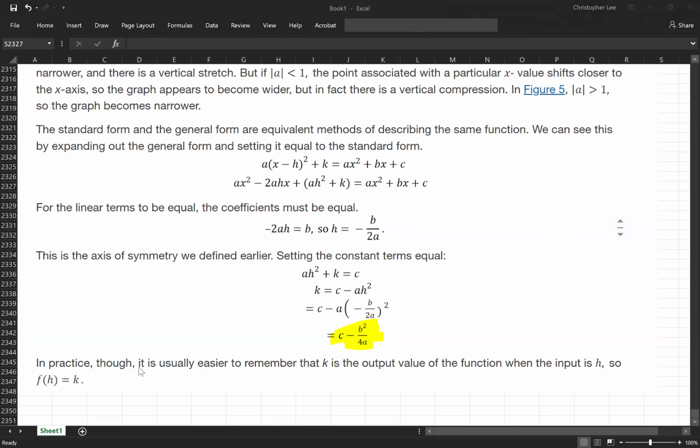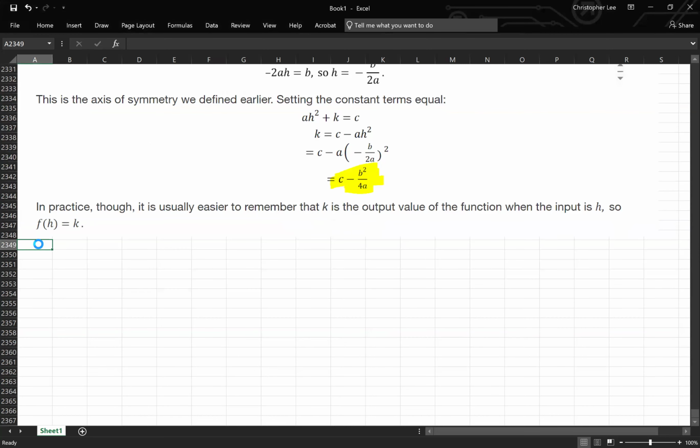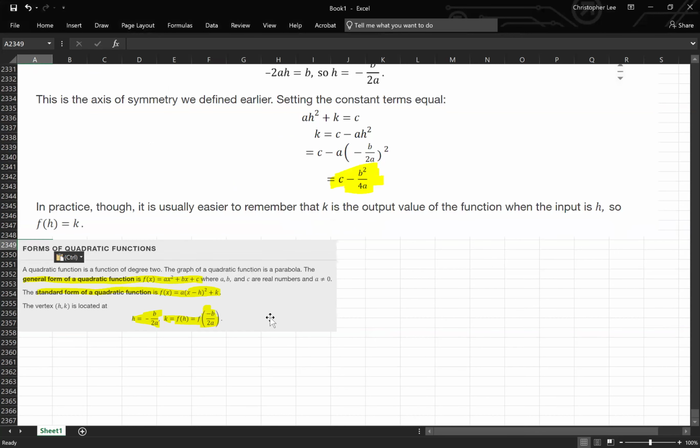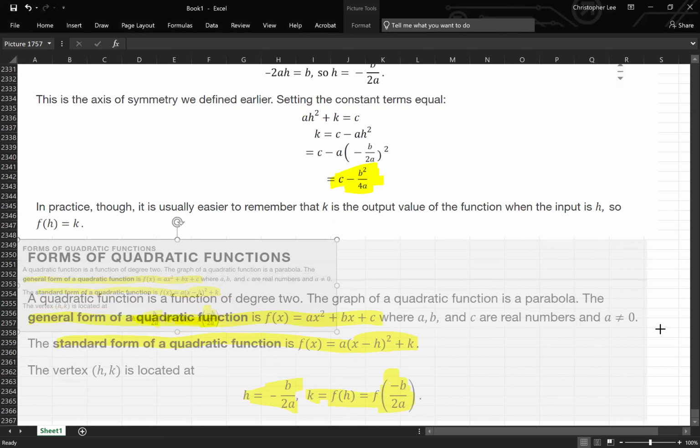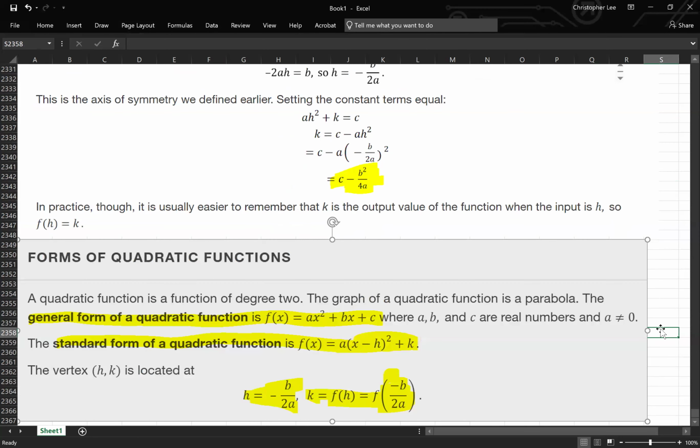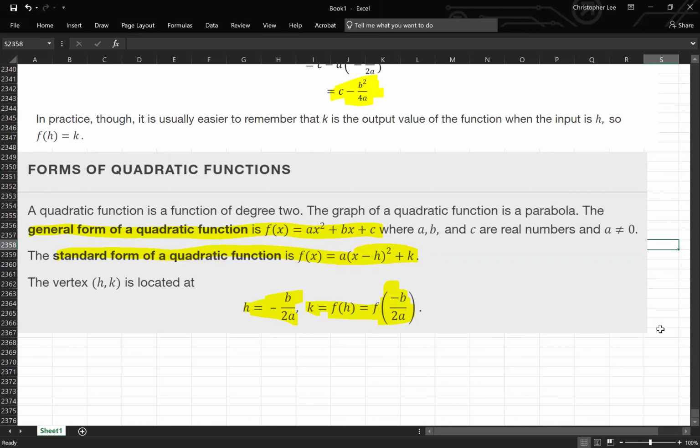But here's what you do need to know. Give you a little definition real quick. So these are the forms of the quadratic function. A quadratic function is a function of degree 2. The graph of a quadratic function is a parabola. The general form of the quadratic function is f of x is equal to ax squared plus bx plus c, where a, b, and c are real numbers and a does not equal 0.